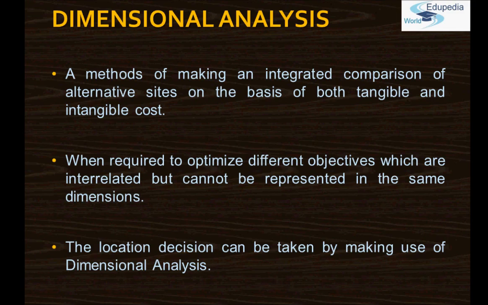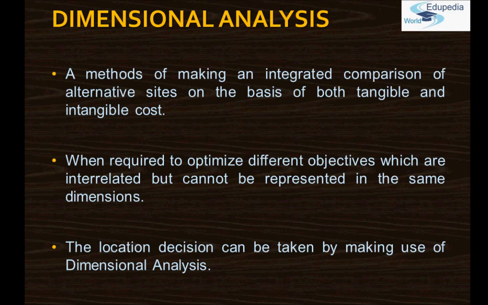In case you have a location where you have different factors to compare, some of which are represented in terms of the amount of money spent, like for example the cost of the land, the cost of procurement of raw material, and so on, and some others which could be rated on a scale, maybe from 1 to 10, like for example the healthcare facilities, the recreation facilities, and so on.